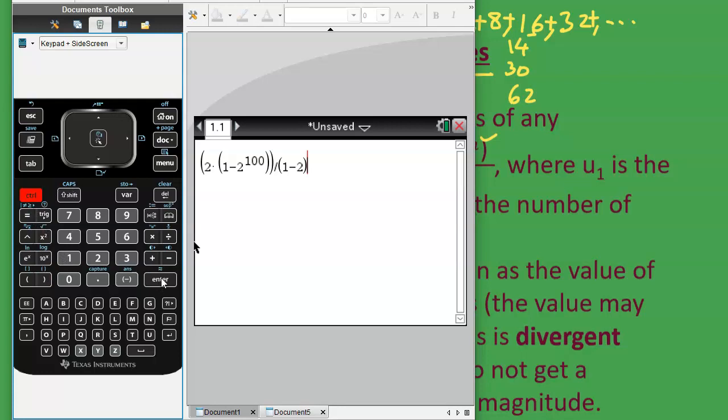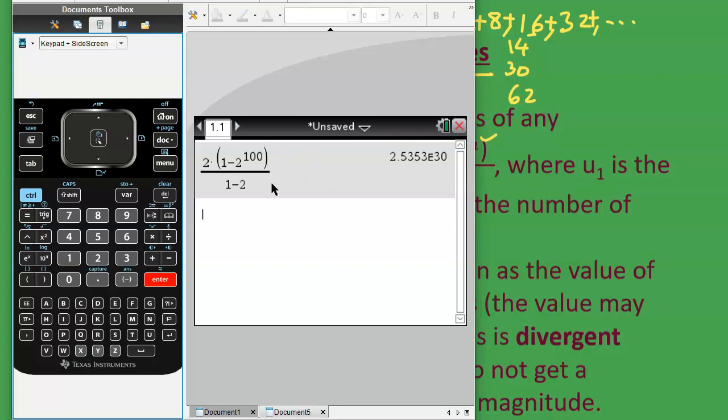So what is the value of this? 2.5353 times 10 to the power of 30. It's quite a large number. Obviously it has to be large because it is increasing. We had come up to 62, which is the sum total of only the first 5 terms, and now we have taken the first 100 terms.